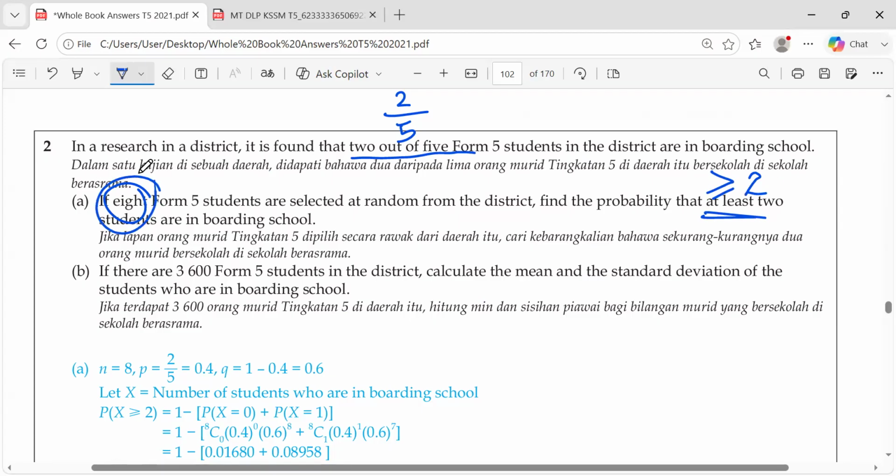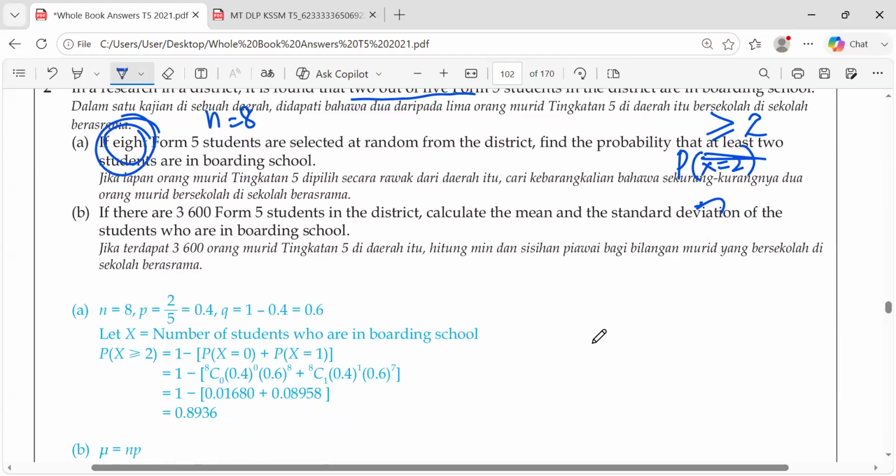N is 8, so we want probability of 2, 3, 4, 5, 6, 7, and 8. Or you can use 1 minus probability of 0 and 1.